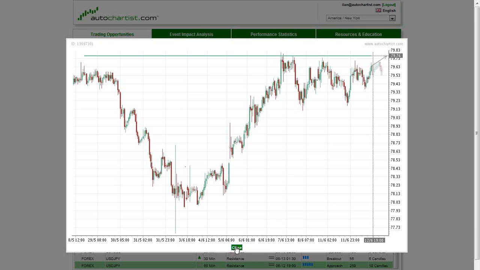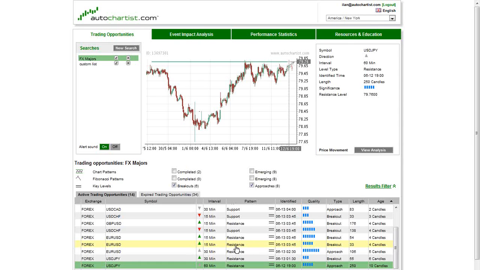So for example, when you're looking at trading opportunities such as emerging patterns, you may look at combining it with instruments such as an RSI or a stochastic indicator, if you are a mean reversion type of person, if you think it's gone up high enough and it's going to revert. If you're a trend trader, you could combine Autochartist with a moving average, or any other trending indicator, to almost confirm breakouts.